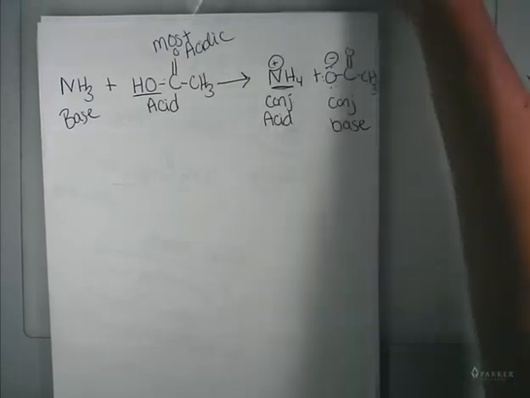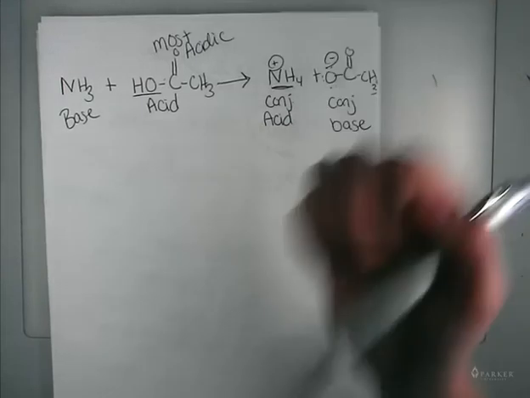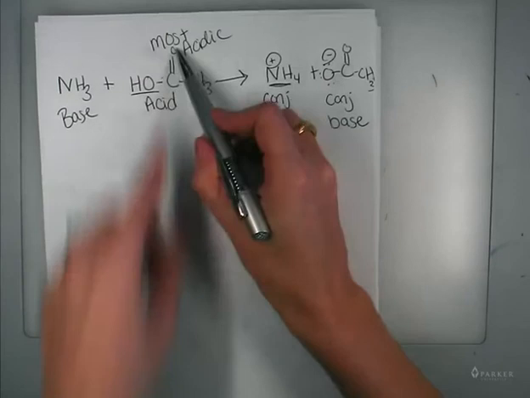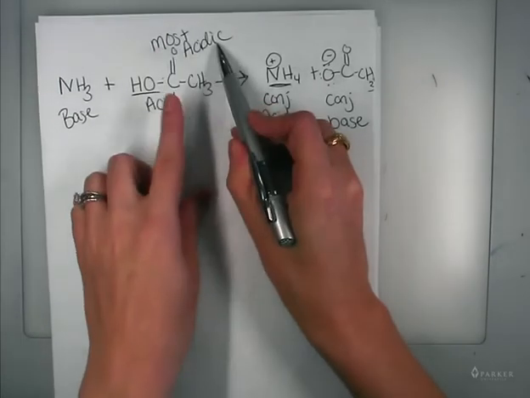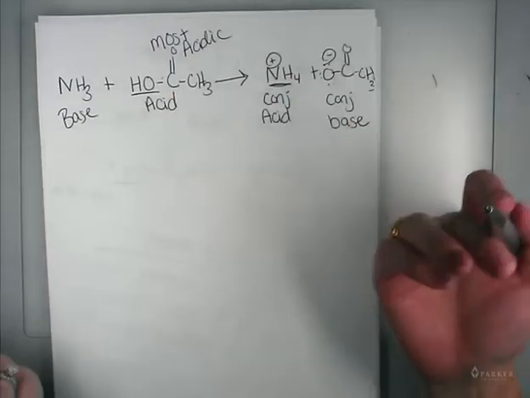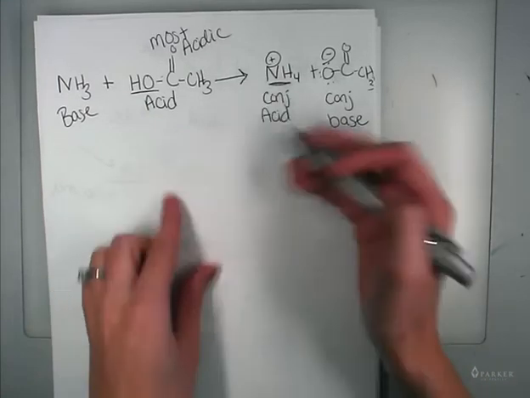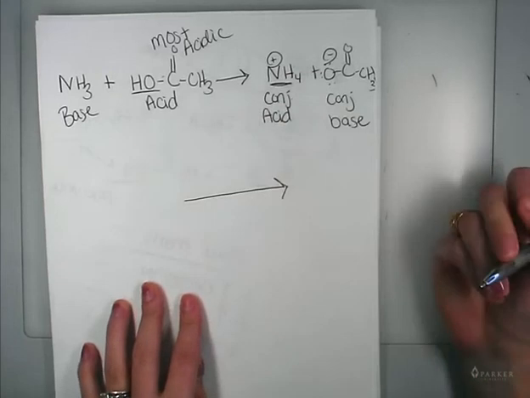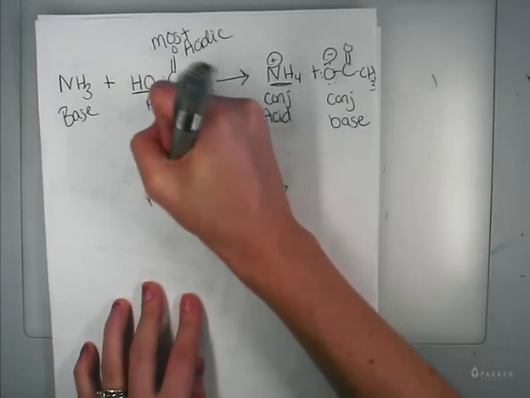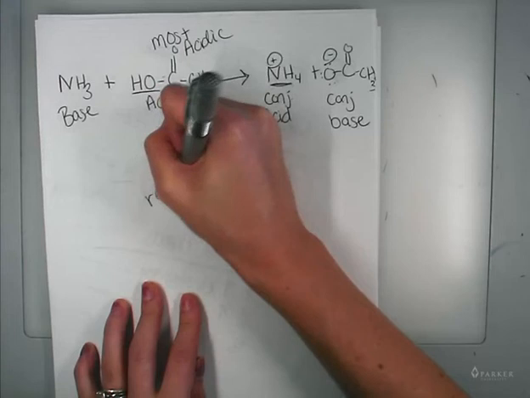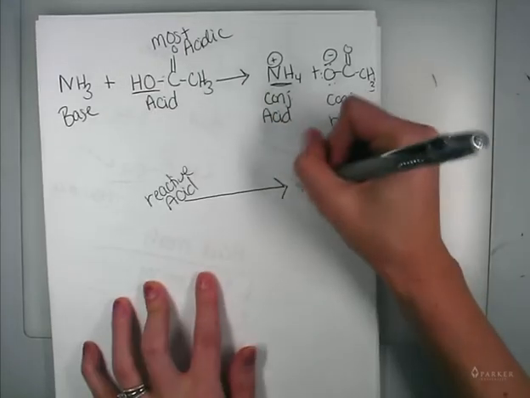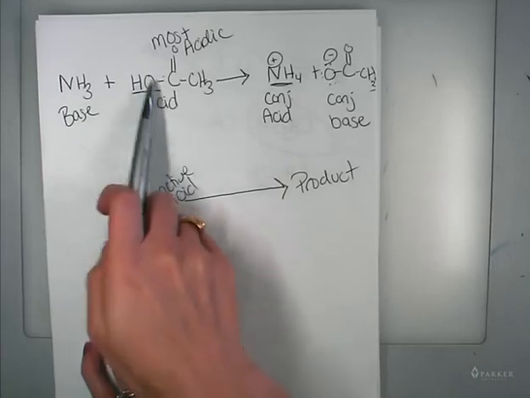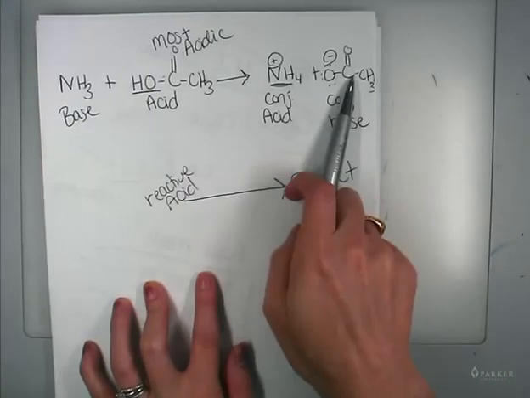We label this one as the most acidic, so does it make sense that's the one that will react? When you say the most acidic, that is also saying the most reactive. When something reacts, the arrow goes from the reactive acid to the product. So in this case, it's going from the reactive to the product, which would be going to the right.